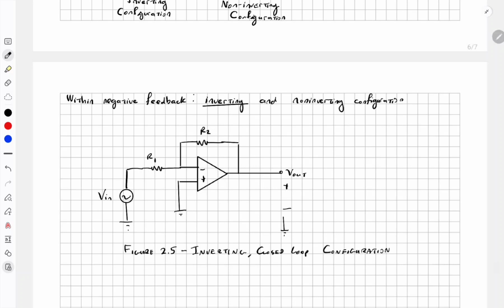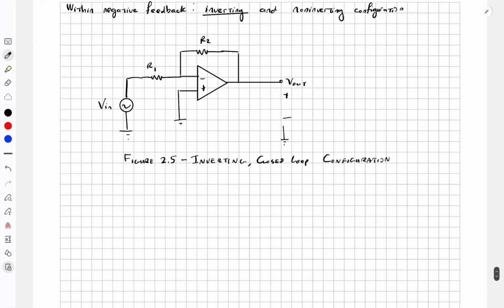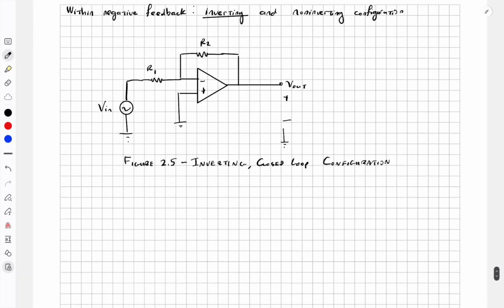Now, just to review what we learned in the ideal op amp. Everything still holds here, where the output V3 is equal to A, which is the open loop gain, multiplied by V2 minus V1.